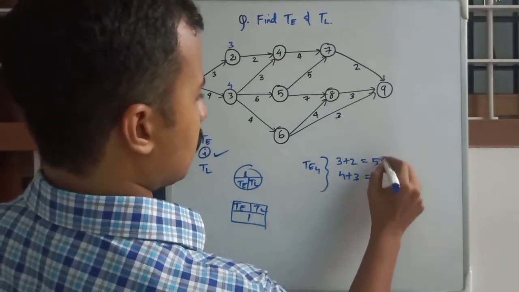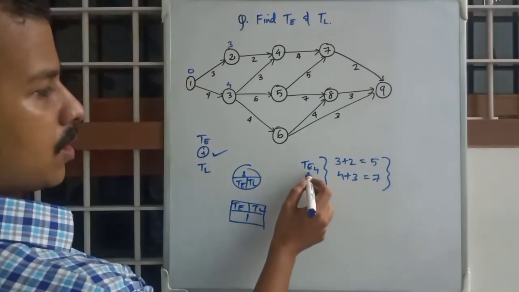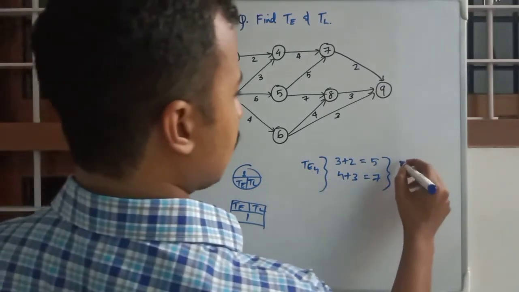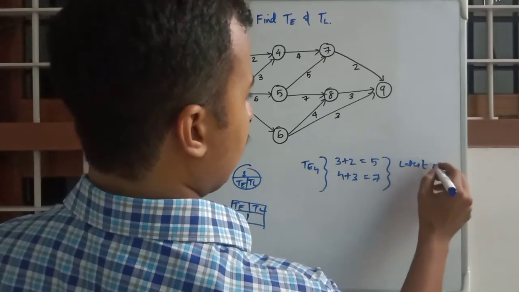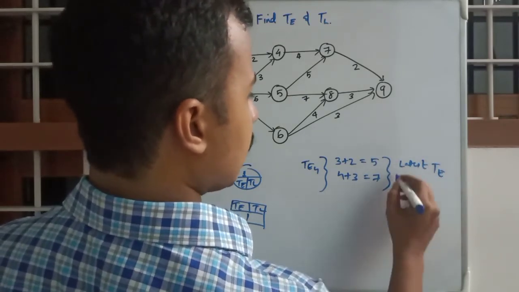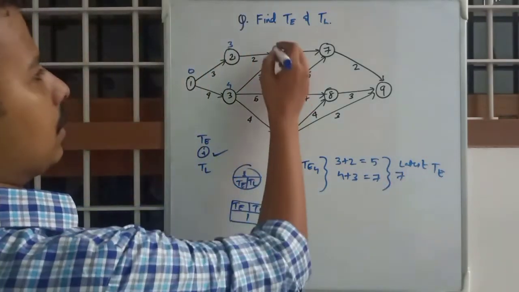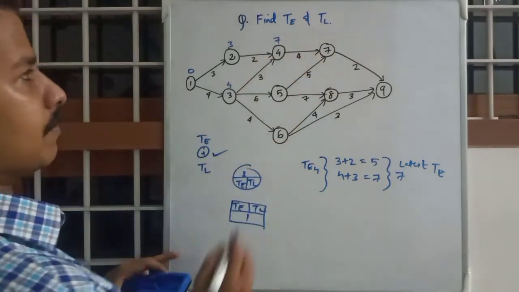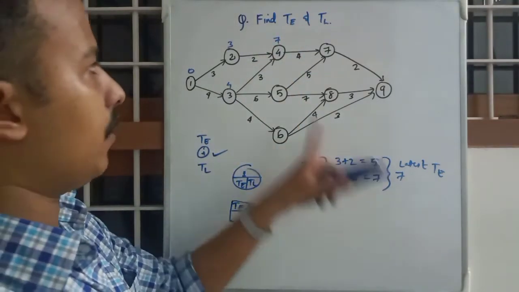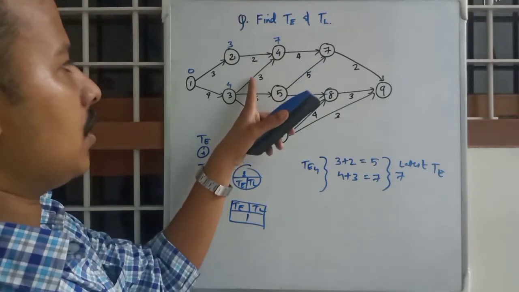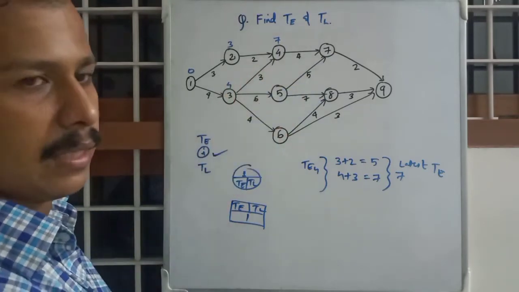5, 7. As this is TE, we will select the latest T, that is 7. Okay, so 7. If we select 5, this activity will be deleted.